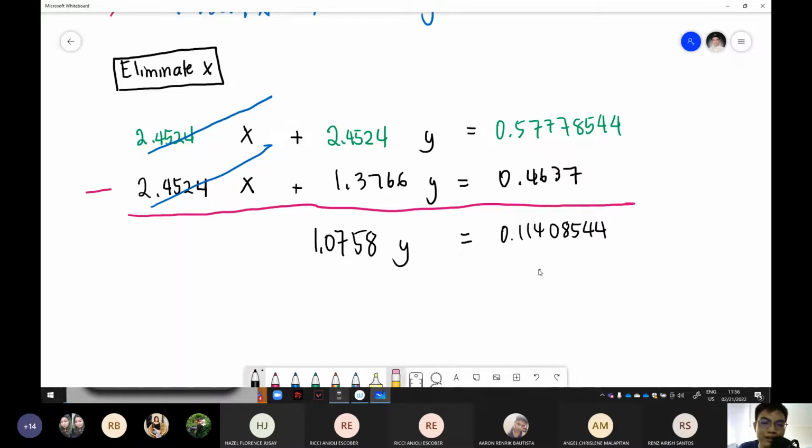And then, ano susunod kong gagawin? O, yung y, may coefficient. Divide ko both sides by 1.0758. Okay, by dividing that by 1.0758 both sides, I will be able to solve for y.